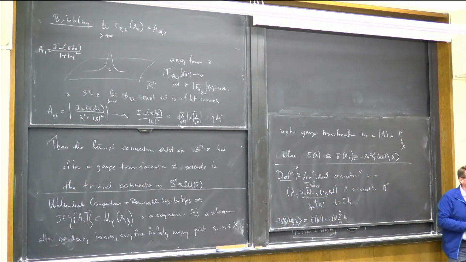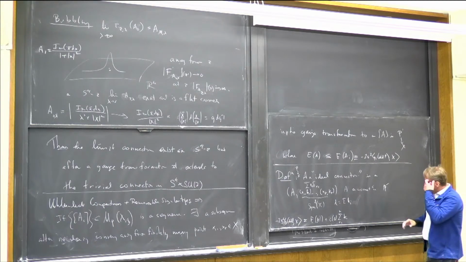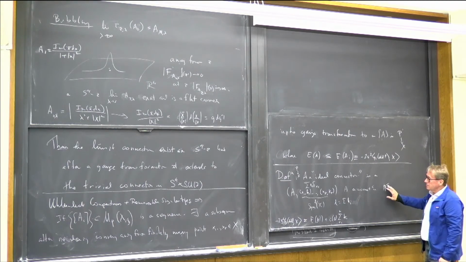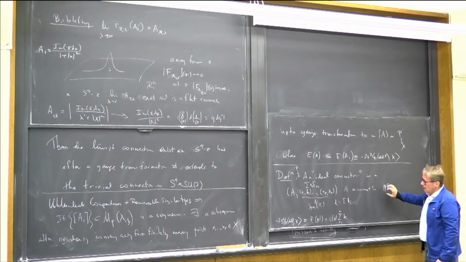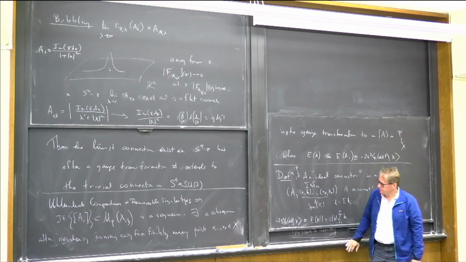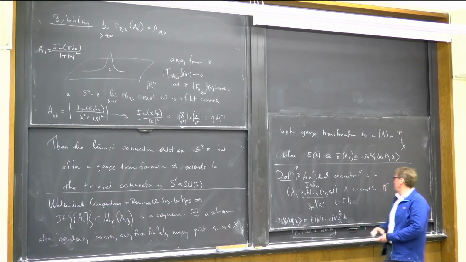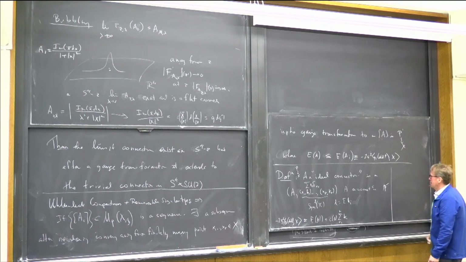Yeah? So is P prime just P with X1 through XR removed, or is it something more complicated? Is it over this symmetric product?